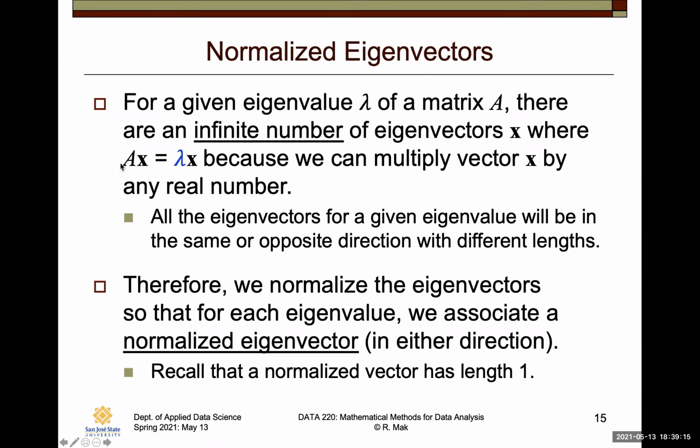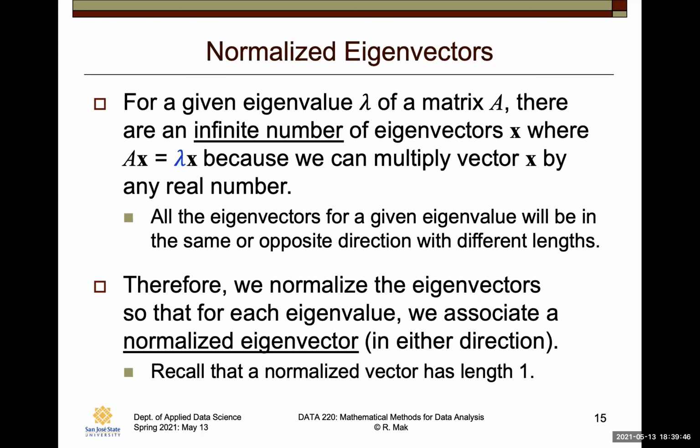So let's say we have this pair, lambda and the eigenvector x. If I multiply x by 2, this relationship will still hold. Or I can multiply x by 3, and this relationship will still hold. So for a given eigenvalue, there are an infinite number of eigenvectors.